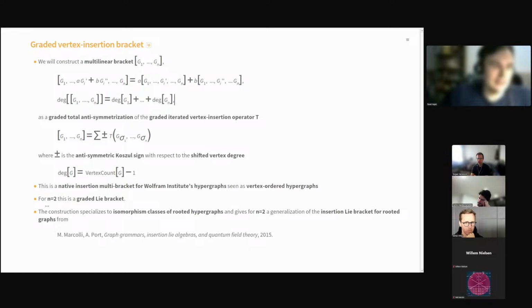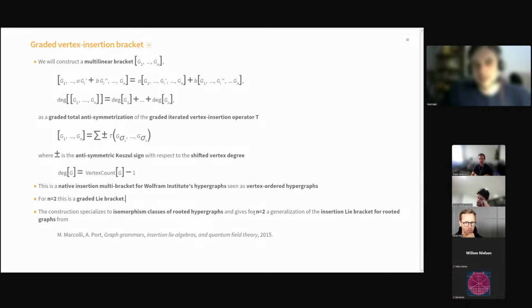It turns out that for n equals 2, this is a graded Lie bracket, which I can prove. In the way I'm going to construct it, you can use the same construction and specialize it to isomorphism classes of rooted hypergraphs, where the isomorphisms are no longer trivial.